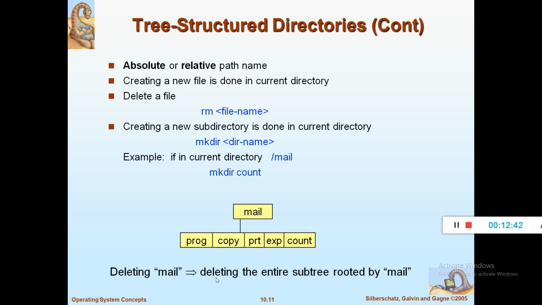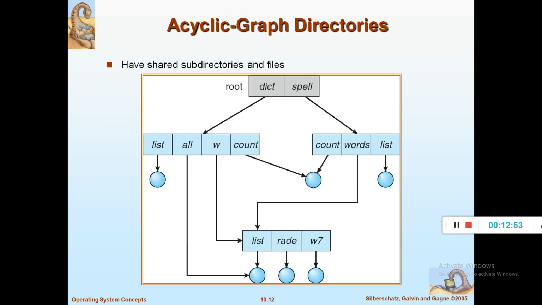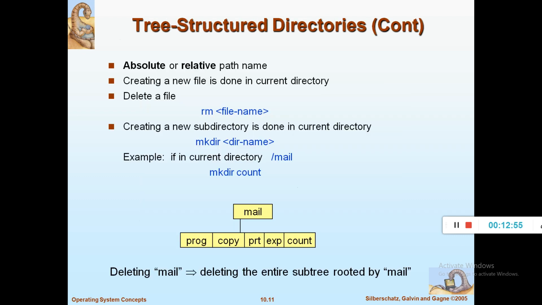Deleting mail means deleting the entire subtree rooted at mail here, so it will be deleted. Once you know what absolute and relative path names mean, if you want to create a file under this mail and under prog, you have to use the relative path name, mkdir mail slash prog slash that file name.